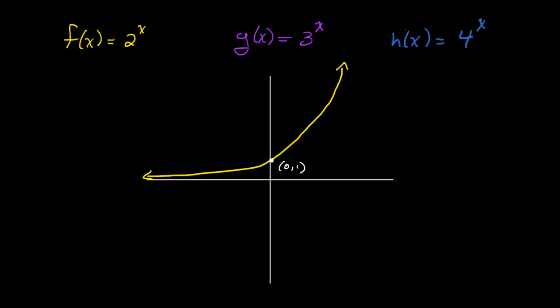Let's look at the second function. Let's look at 3 to the x. It's slightly larger than 2, so we're still going to be down here, and it pretty much overlaps all the way up until we get to 0, 1. But then it becomes positive quicker, so it extends up faster.